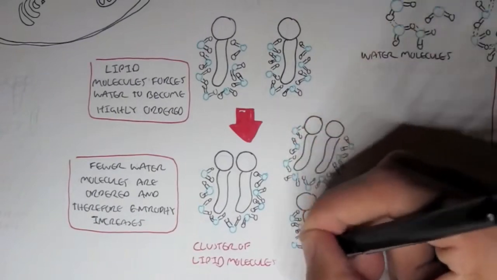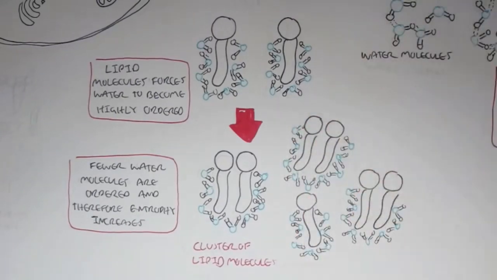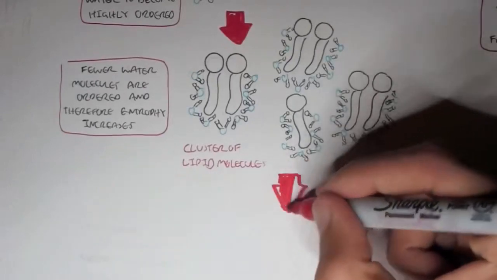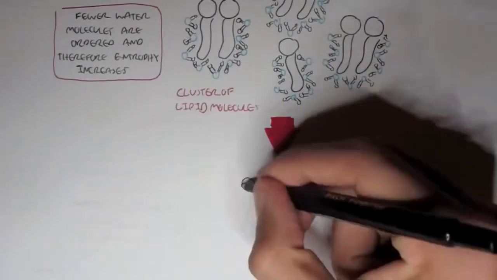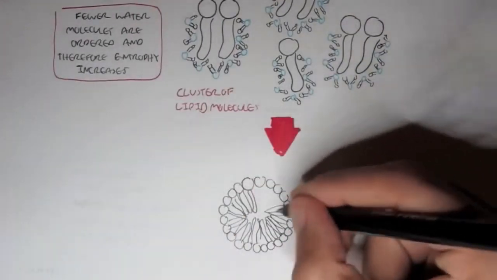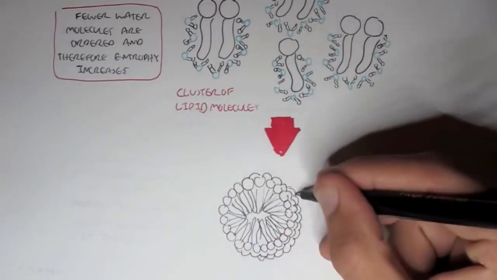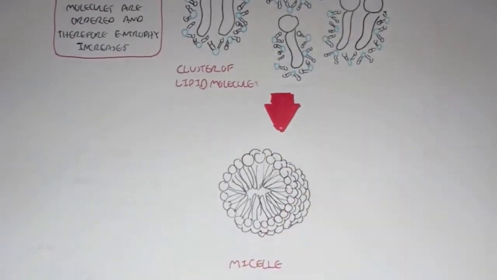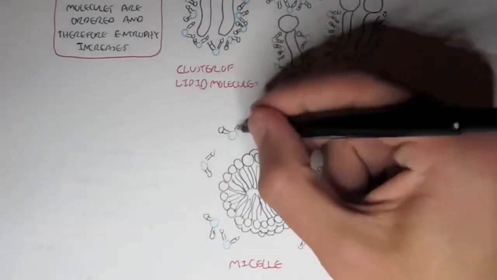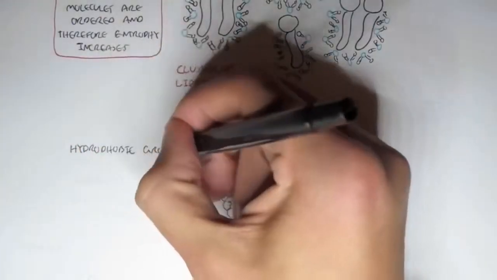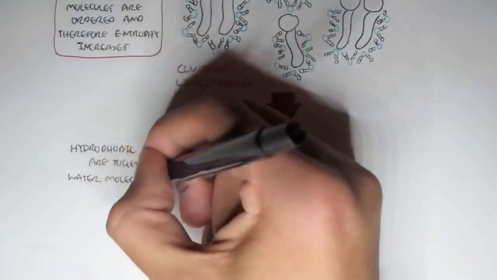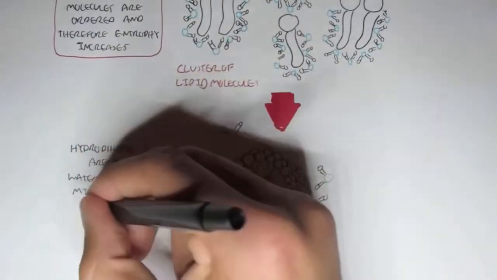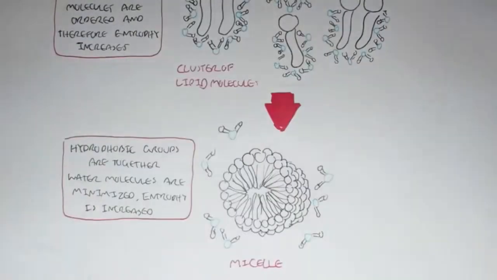Now, if we have many clusters of lipid molecules, like so, and we connect them all together, it will form this sort of shape, where all the hydrophobic regions, the regions that hate water, will be inside, and all the hydrophilic regions will be outside, forming what's called a micelle. The hydrophobic groups are together, and the water molecules are minimized.